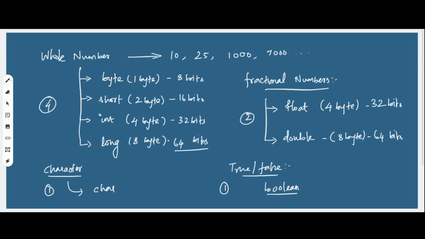In total we have 8 data types in Java. Now we have discussed the 8 different data types available in Java. For example, if I want to specify a name, or let's consider this whole number as text, how will we specify this kind of variable in Java?